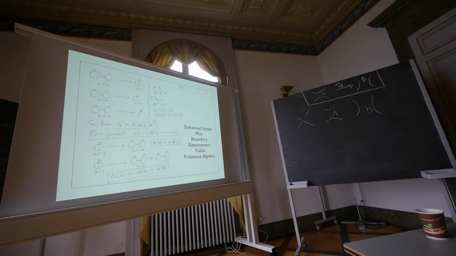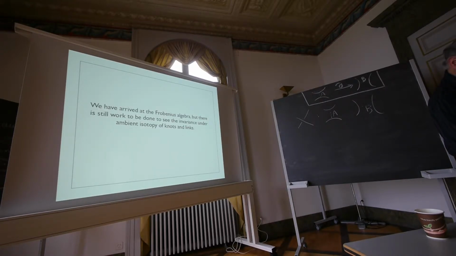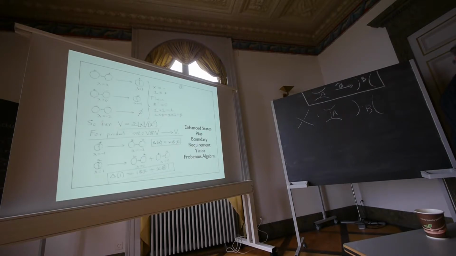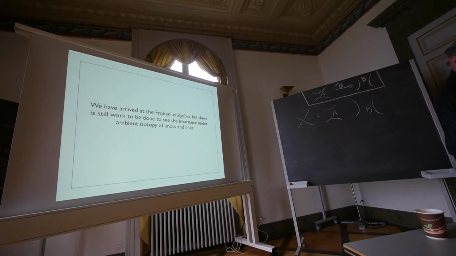Do we get something which has boundary squared equals 0? Now, I forgot whether I put it in the slide immediately or not. I've arrived at an algebra, that's a Frobenius algebra, and there's more work to be done. And I have a feeling I want to go to the blackboard here. Yes, okay.